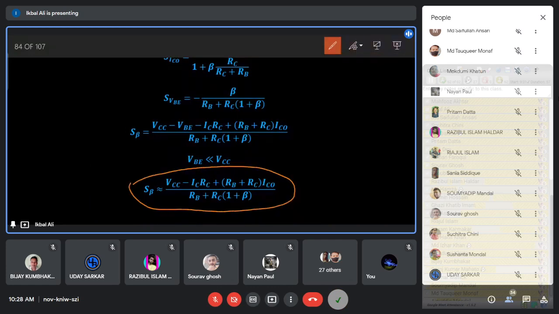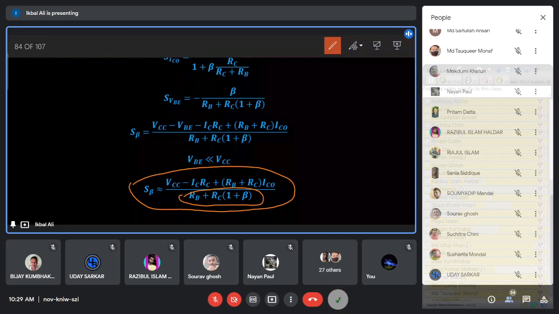If you divide the numerator of this expression by this denominator and compare each and every term with the fixed bias circuit, you will see that the S beta value is less compared to the fixed bias circuit, and that actually increases the stability in the collector to base bias circuit.